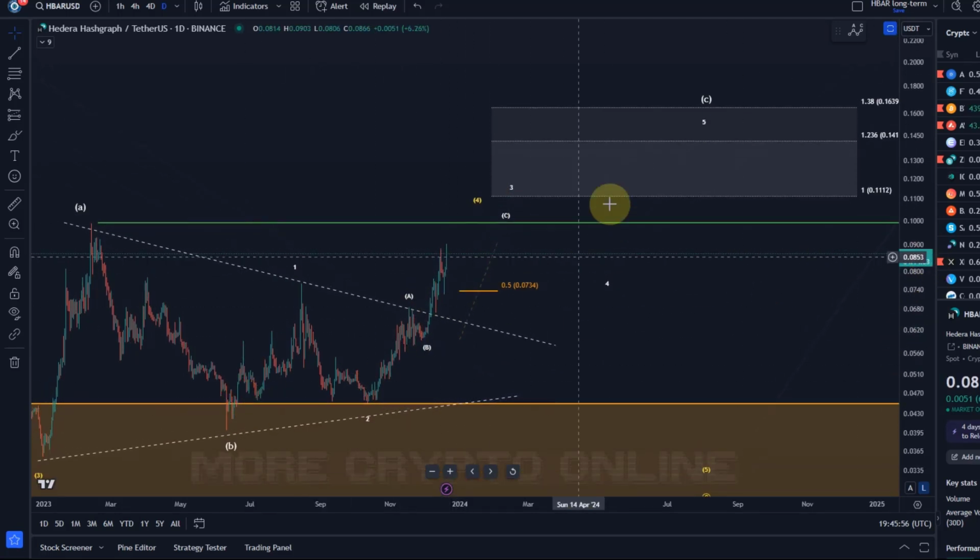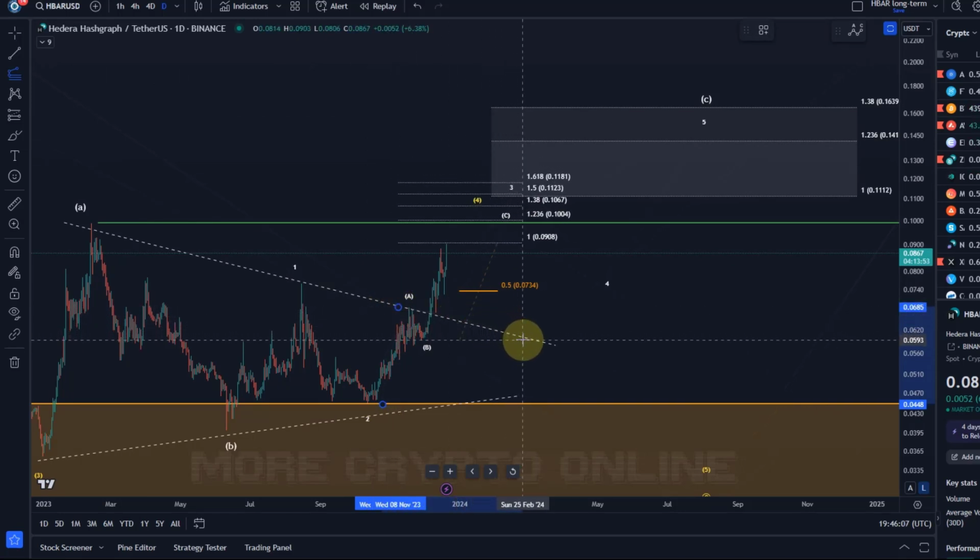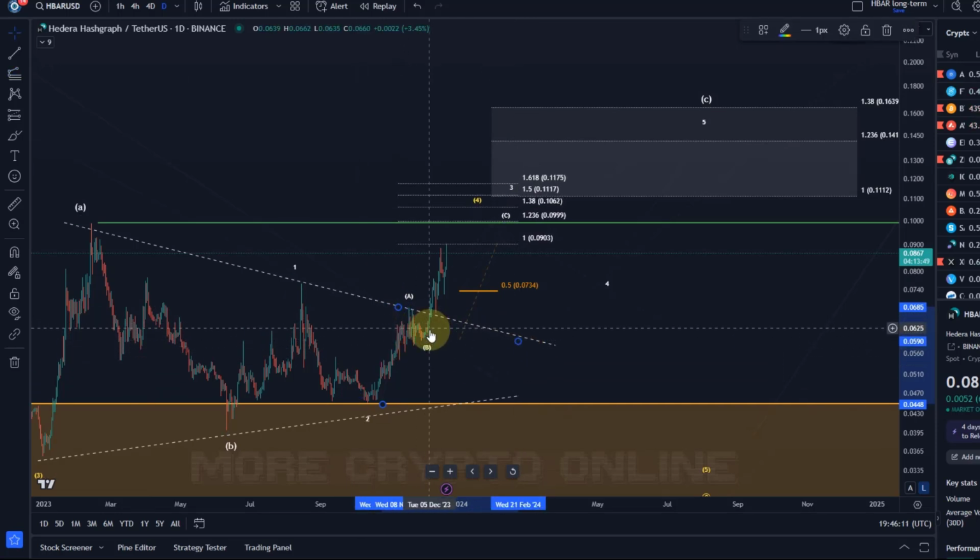Yeah, in these diagonals, we have corrective subwaves, as you might know. And a typical target would be, or we can calculate that by taking the length of the A wave, we go to the low of the B wave, which B wave might have been a triangle. And I mean, the first level is reached at 9 cents, but the key level is really here, the 10-cent level, previous breakout point.